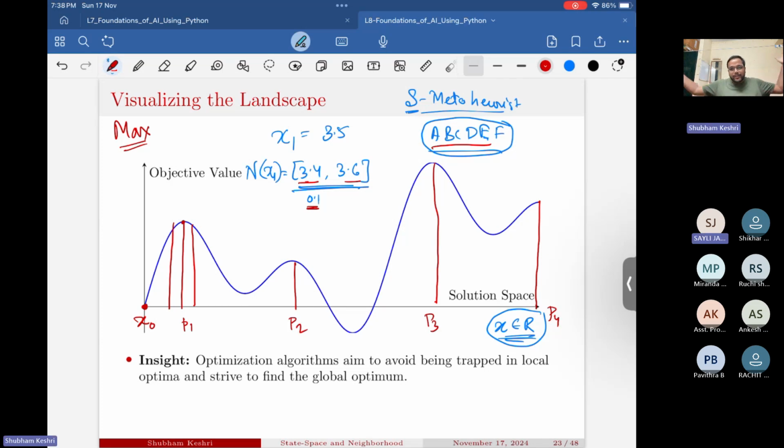But if your neighborhood is very large, suppose your neighborhood is this much, you might reach, not here, sorry, just next to P3. I got it. So the range is an important thing while calculating the maxima, minima in an optimization problem.